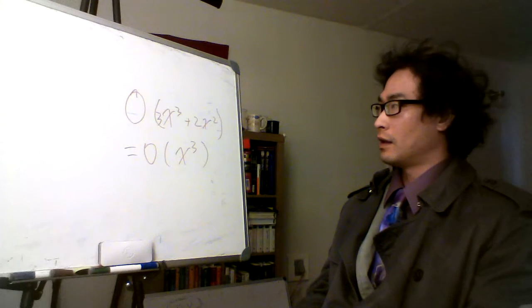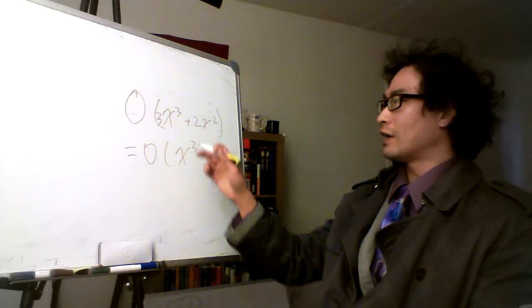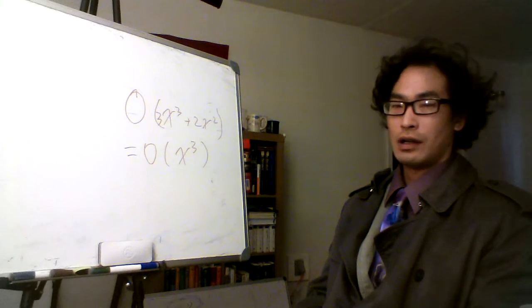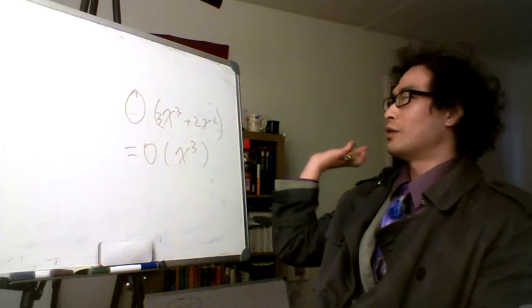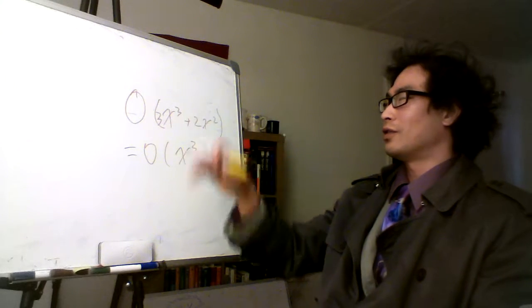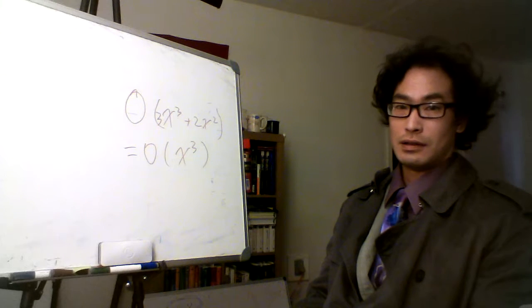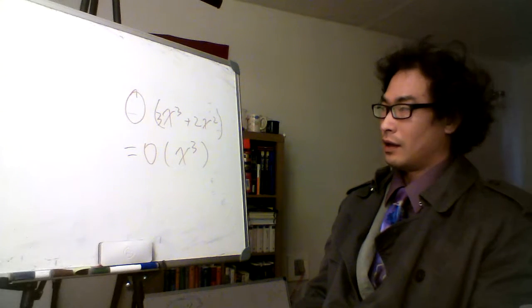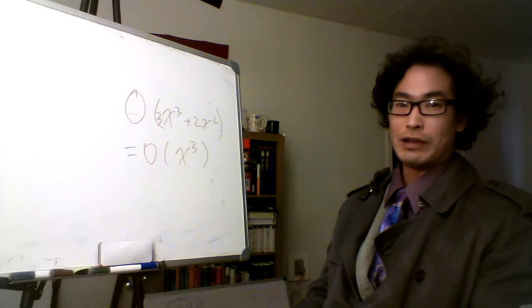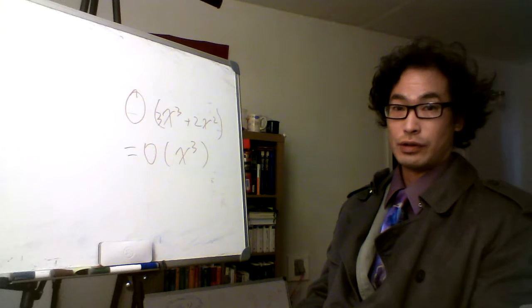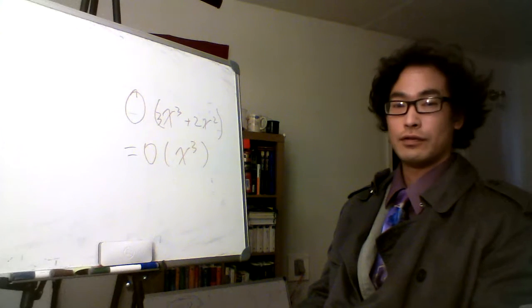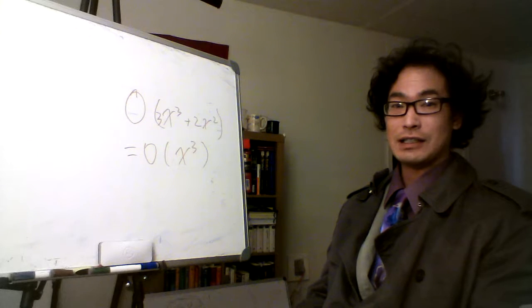If x goes to infinity, lower terms, ignore them. Constants, ignore them. So that's that. And I learned this when I was majoring in computer science in college. It's something very powerful, and very easy and simple.